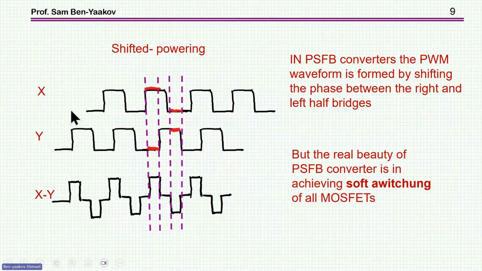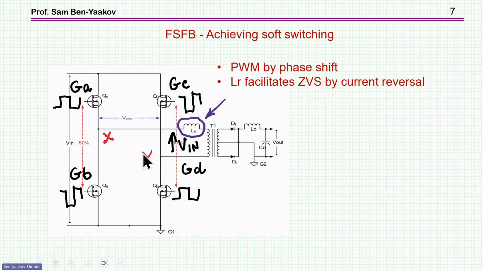However, if you shift one of them, again you're not doing anything to the duty cycle, we just shift the whole 50% square wave, then you have a situation in which, say, X is high and Y is low. If X is high and Y is low, then you have a positive voltage fed, the whole voltage actually, to the transformer.